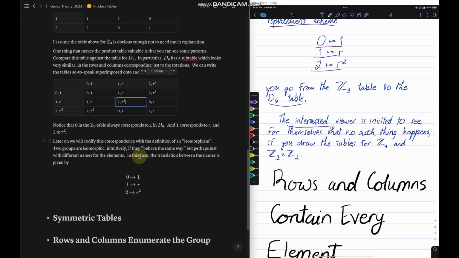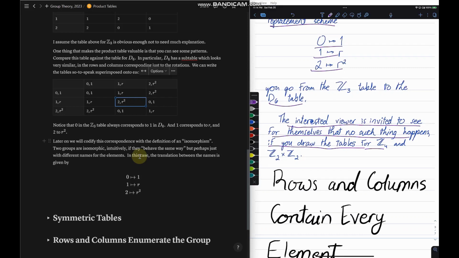The interested viewer is invited to see for themselves that nothing like that happens if you draw the table for Z4. You might think, well, it's just that they both had three elements. Z mod 3 has three elements, and D6, the subgroup of rotations, also has only three elements. Well, maybe that always happens when you have two groups that have the same number of elements.